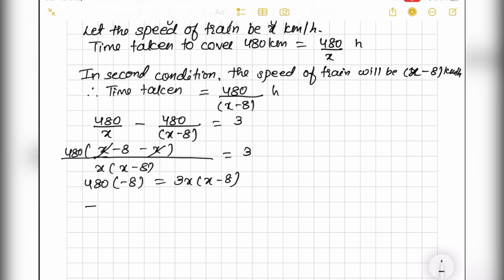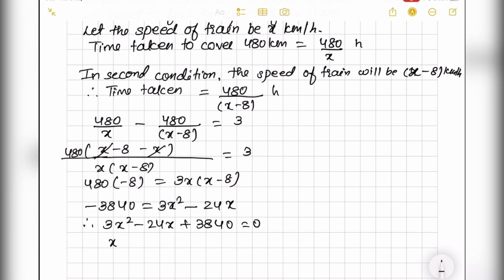So I can say minus 3840 equal to 3x square minus 24x. So if I take 3840 on that side, 3x square minus 24x plus 3840 equal to 0. Dividing both sides by 3, x square minus 8x plus 1280 equal to 0. Here we finish the first exercise.